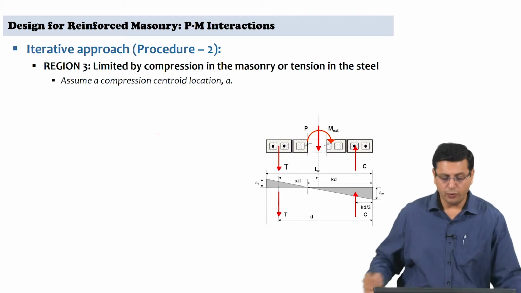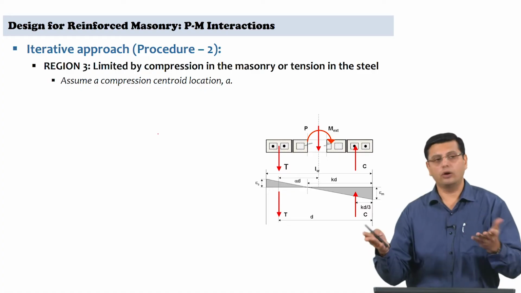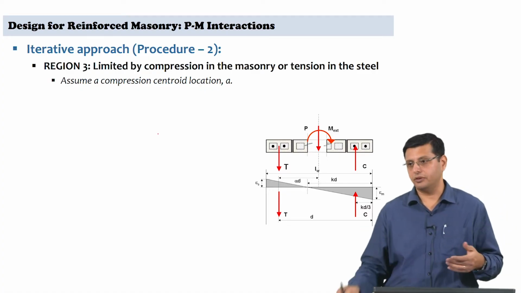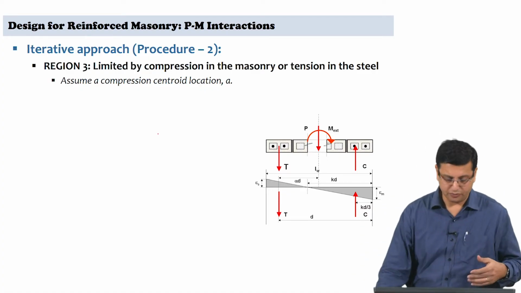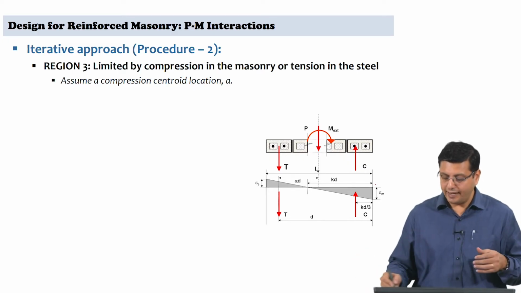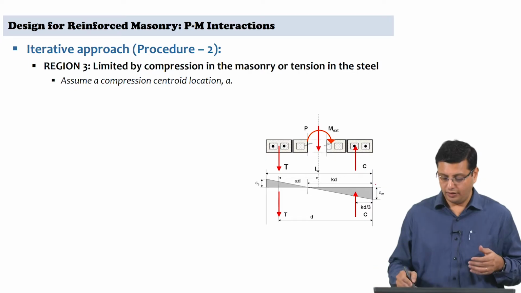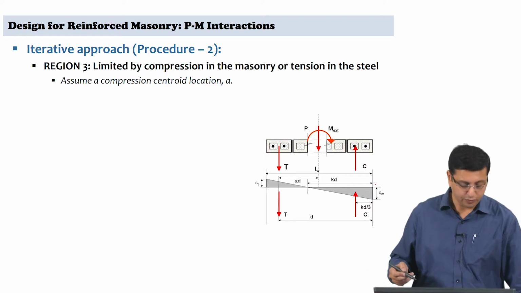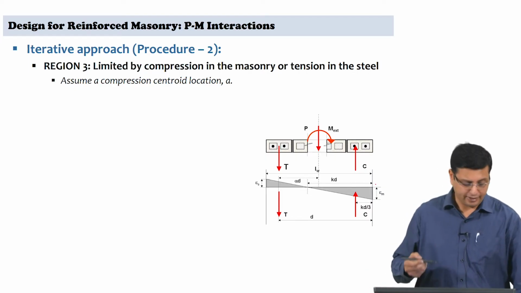The way we go about it is, we really do not know what the neutral axis depth is for the combination of P plus M that we are looking at for the wall considered. So, KD is something we still do not know, and is the reason why we need an iterative approach.